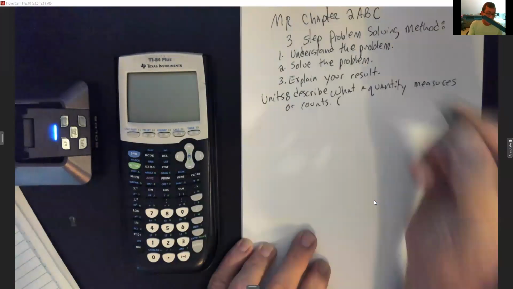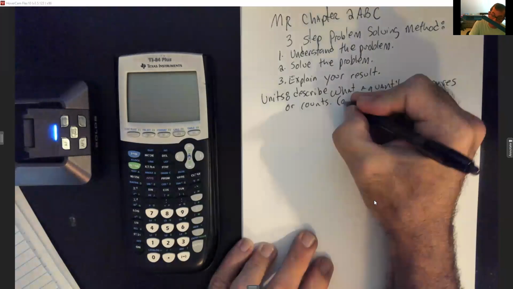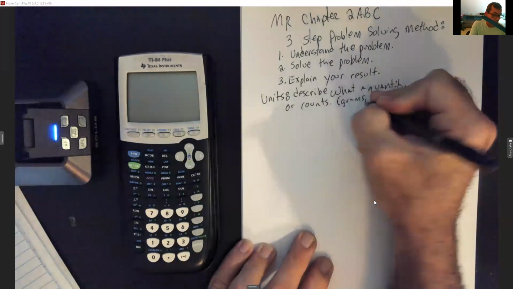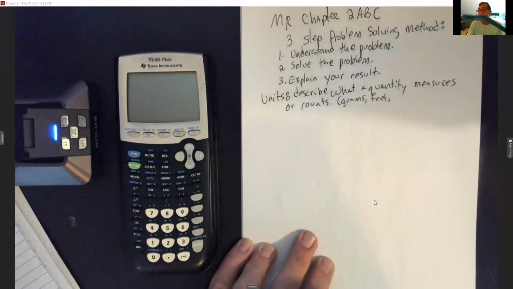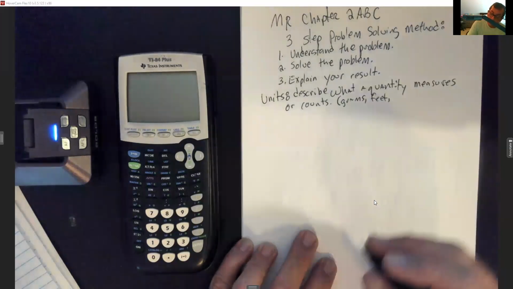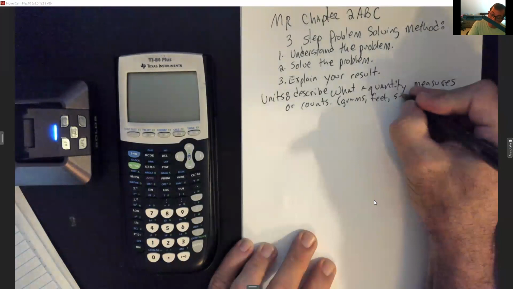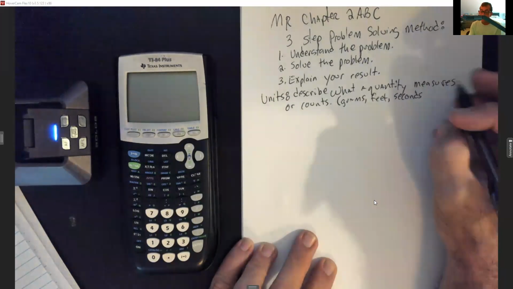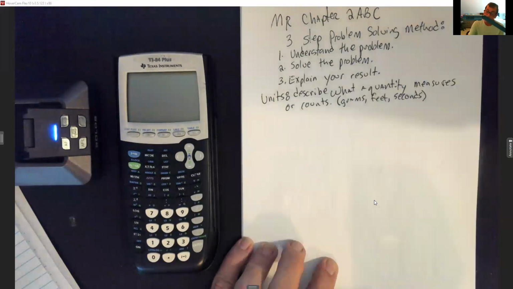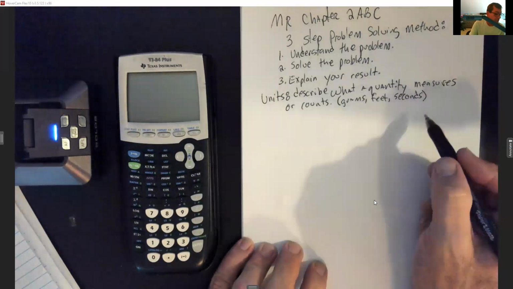So examples of units could be grams, that measures weight, feet, feet measure length or distance, seconds, seconds measure time. So they sort of let me know what I'm dealing with based on these units, okay?